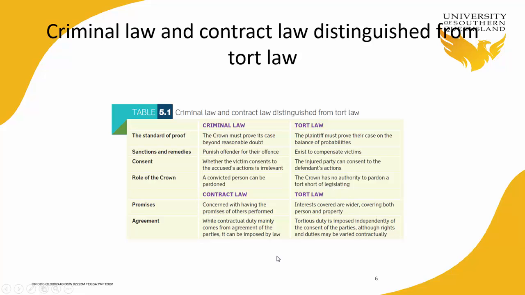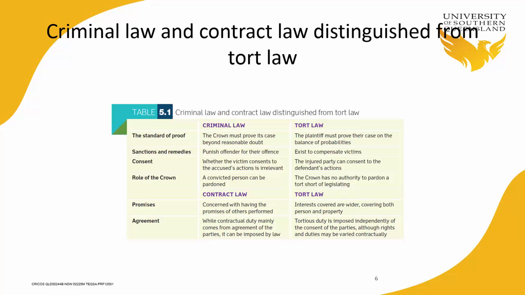Now, it's important for us to understand the difference between these three substantive areas of law. We have criminal law, tort law, and contract law.